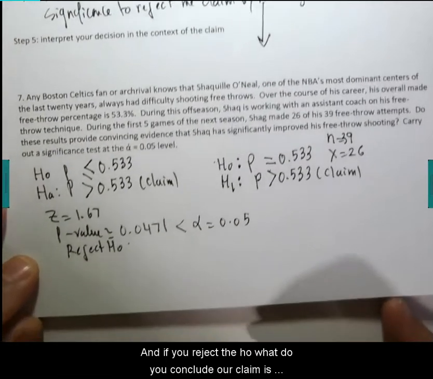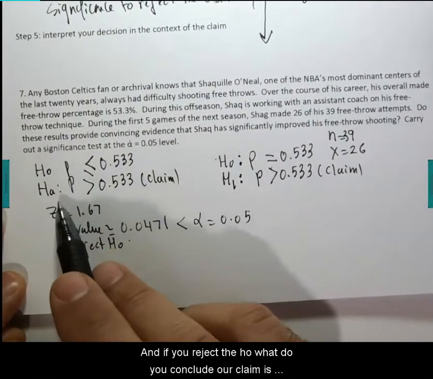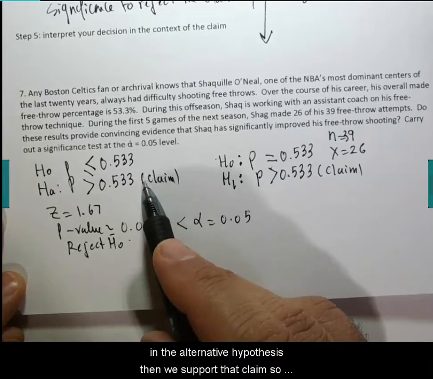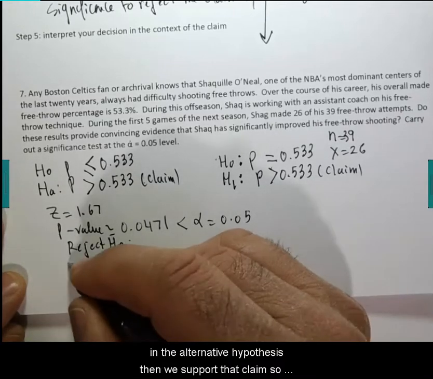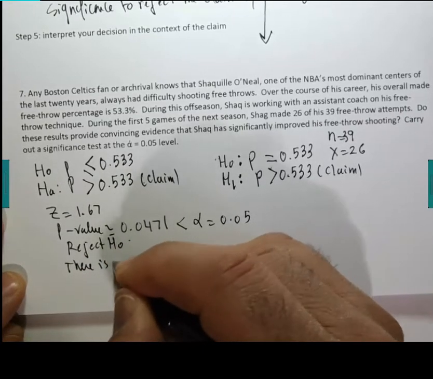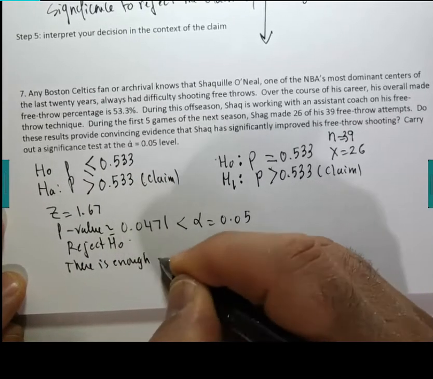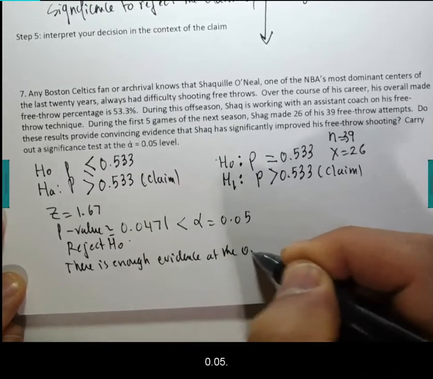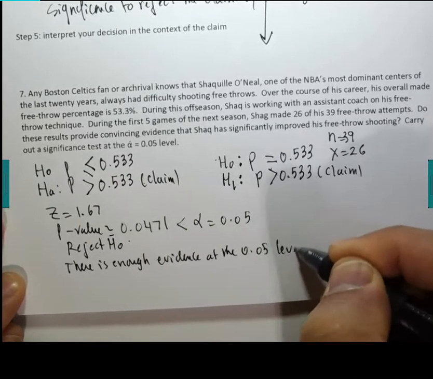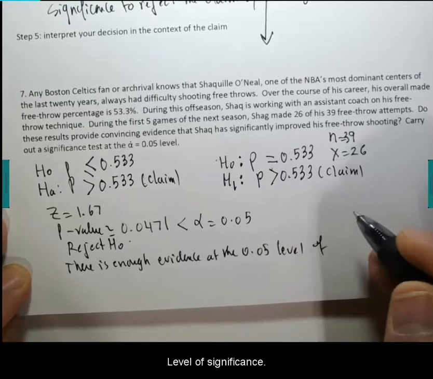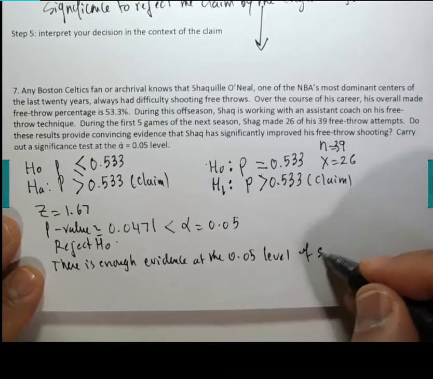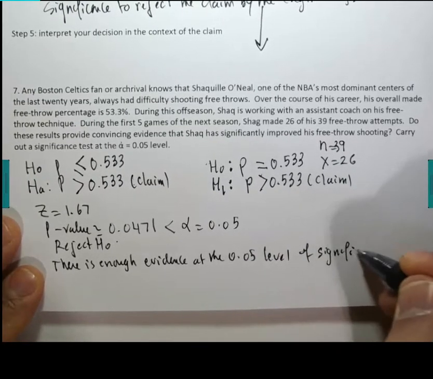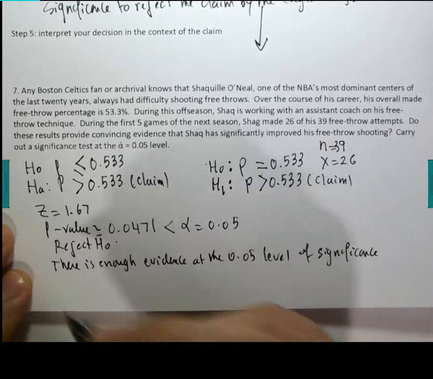And if you reject H0, what do you conclude? Our claim is in the alternative hypothesis, then we support the claim. So we say there is enough evidence at the 0.05 level of significance to what?